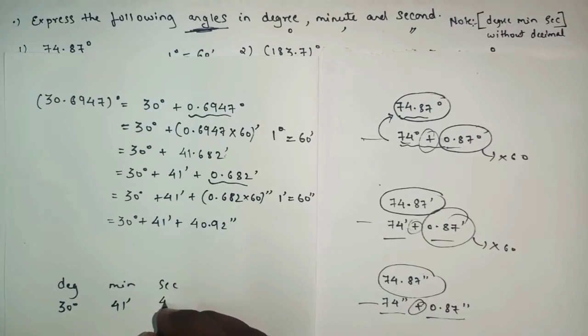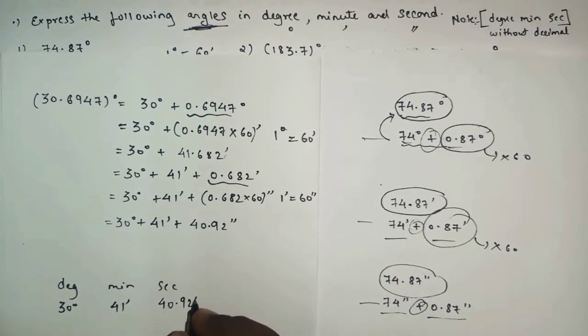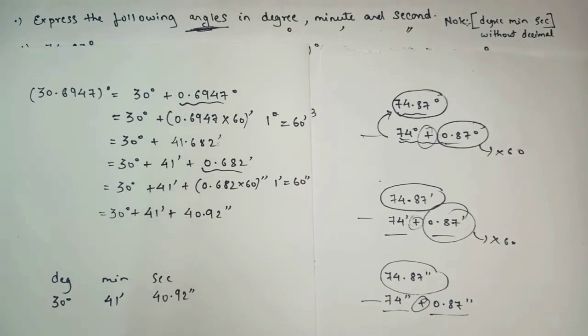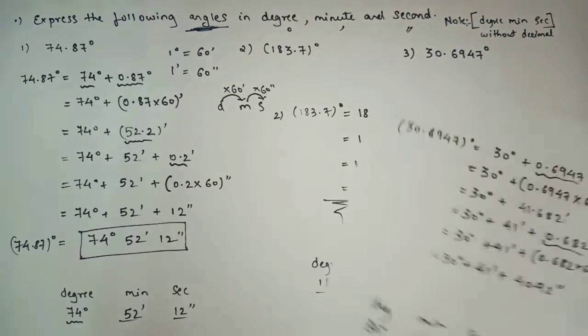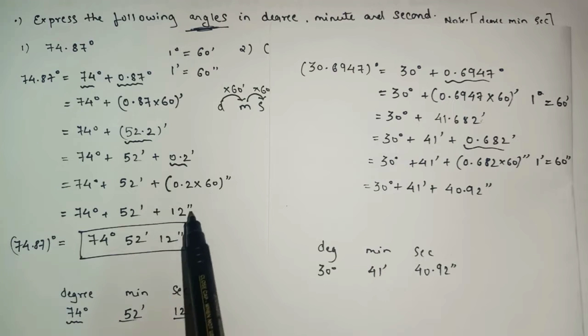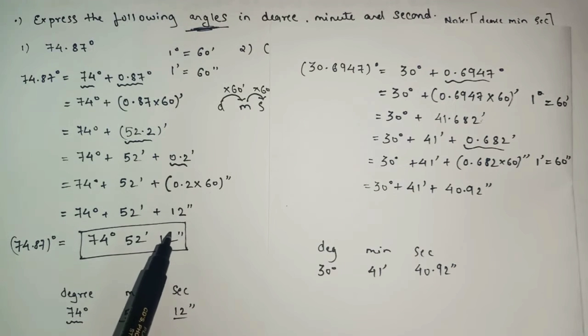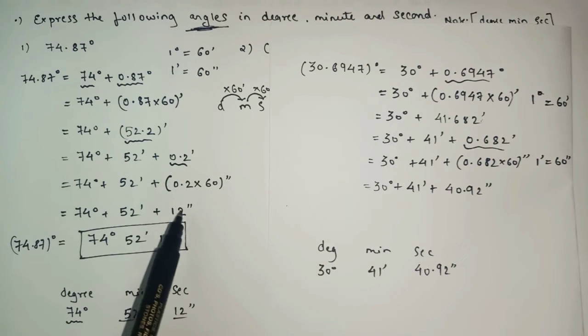Here we got 40.92. But as I told, the final answer should be without decimal. As for the first sum, directly we got the perfect answer, even in the second also we got the direct answer.